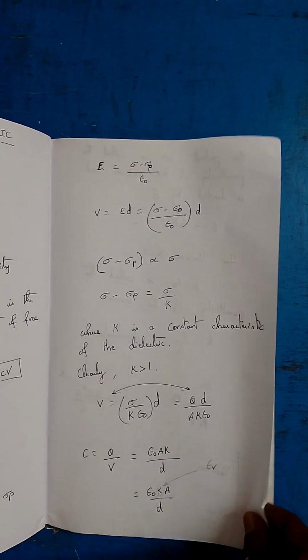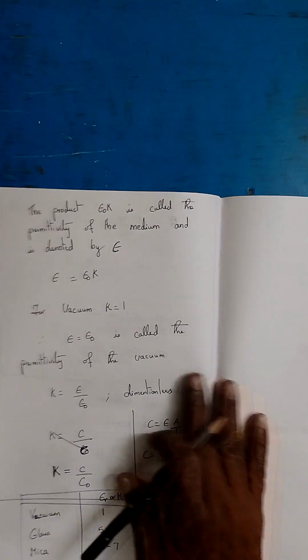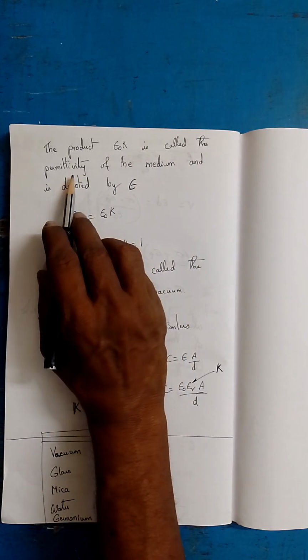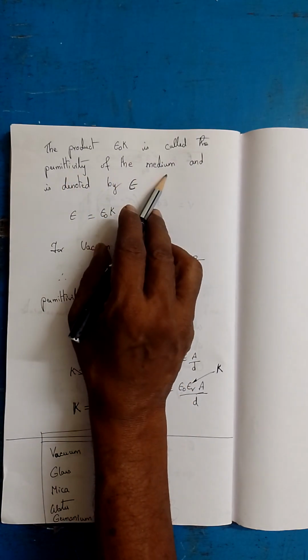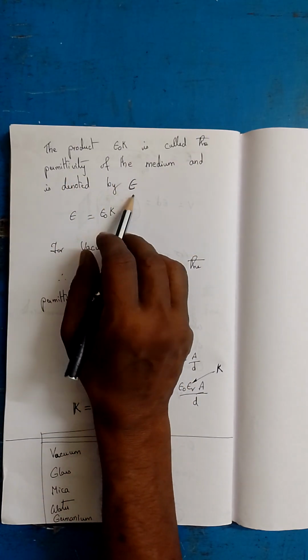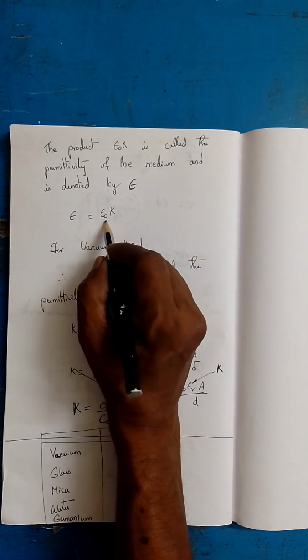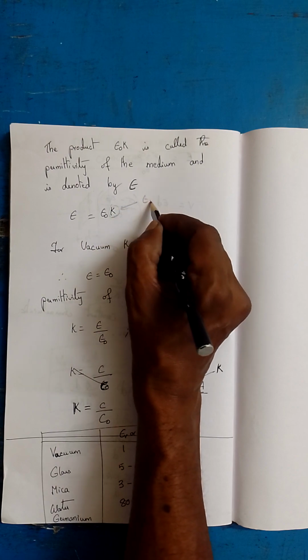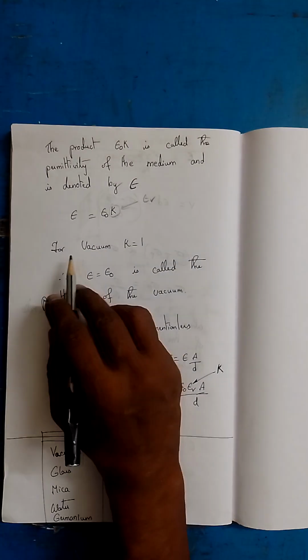So the product epsilon naught k is called the permittivity of the medium and is denoted by epsilon. So epsilon is equal to epsilon naught k. Generally this will be represented by epsilon R, relative permittivity.